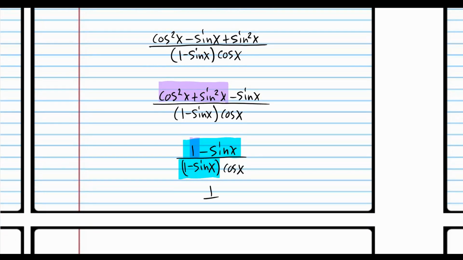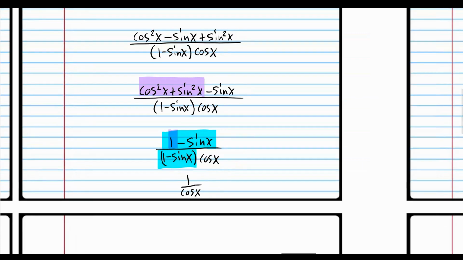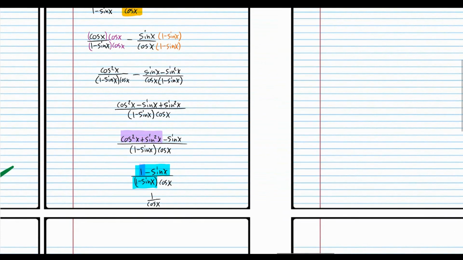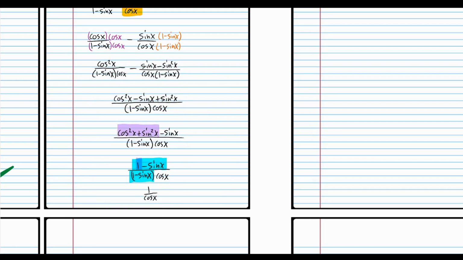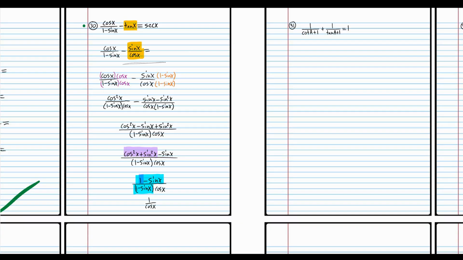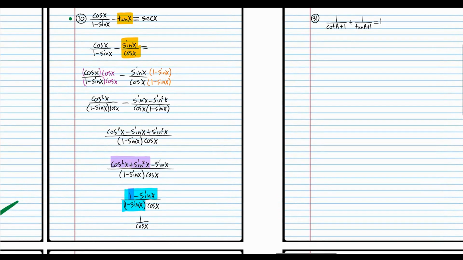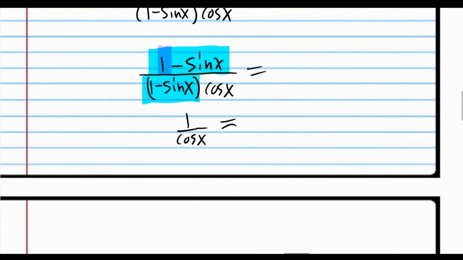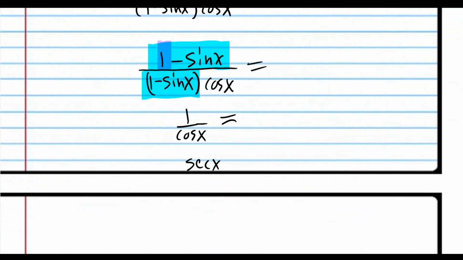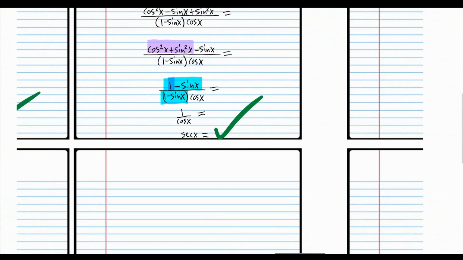So we're left with 1 over cosine x. And if we cheat a little bit and lasso our work, we might be able to fit the final expression. And I forgot to write some equal signs here. We're looking for secant x, and you can see that that's what we get. And so we did it. We proved that the equation is true.